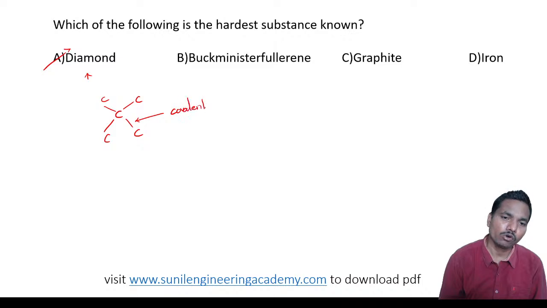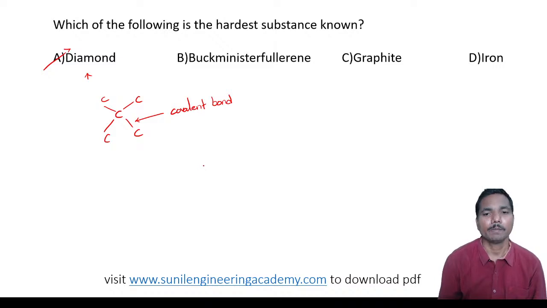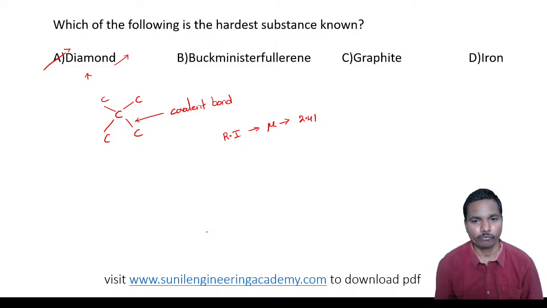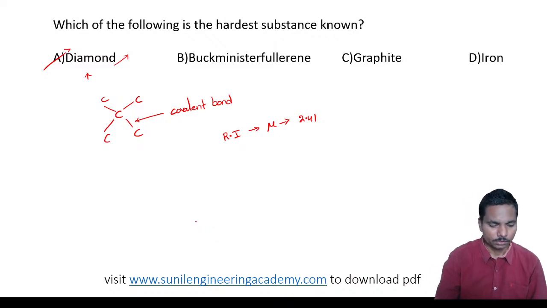We know very well covalent bond is a very strong bond, so that material is also very strong. And what about the refractive index of the diamond? That is also very important. Refractive index 2.41 or 2.44. Coming to the next question.